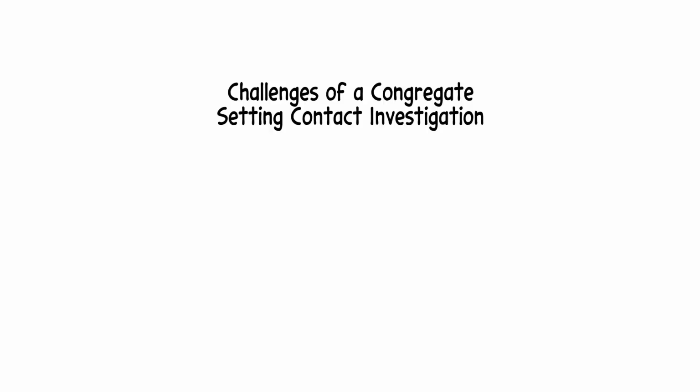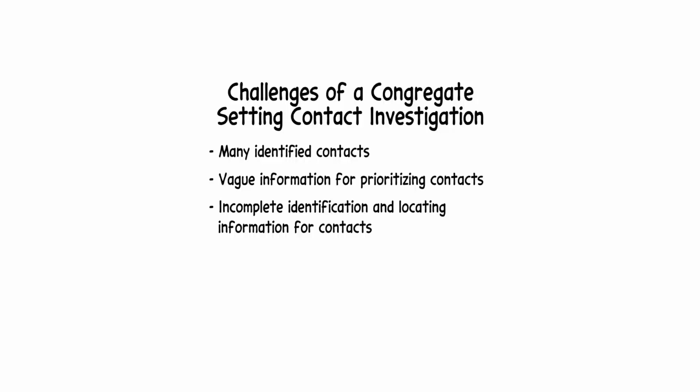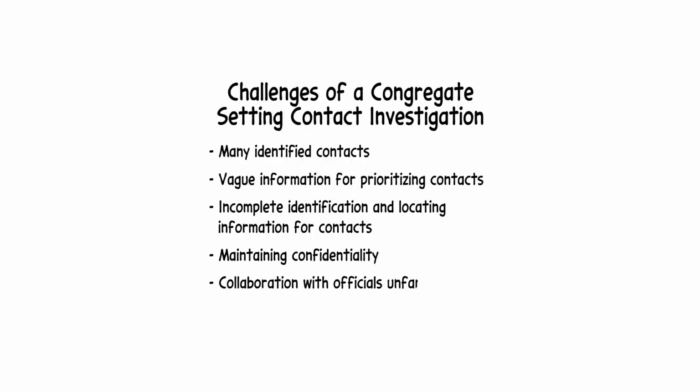Depending on the setting, there are a host of challenges that may be associated with these types of investigations, including a very large number of identified contacts, vague information for determining contact priorities, incomplete identification and locating information for contacts, maintaining patient confidentiality, collaborating with officials who are unfamiliar with TB, and media coverage.